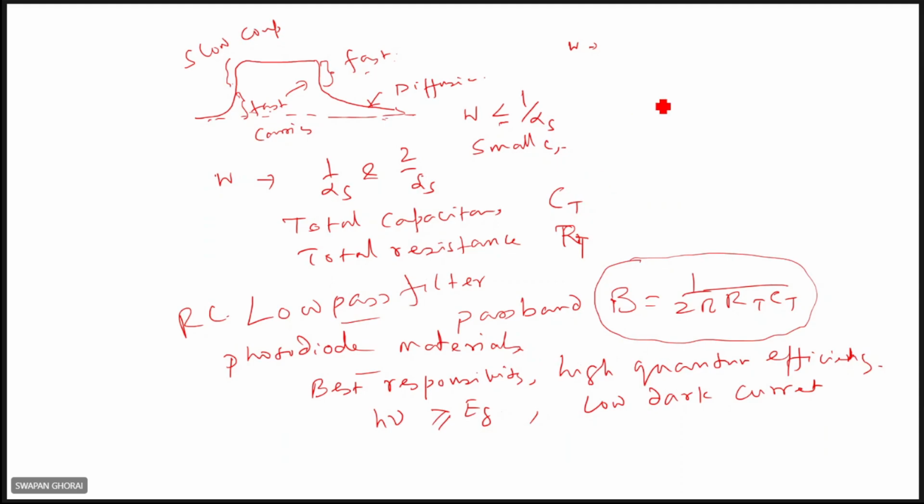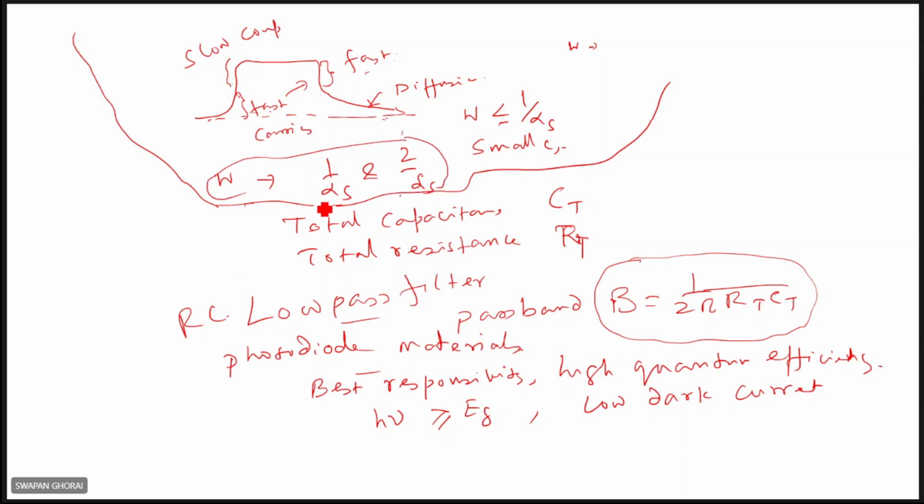In that case, the depletion layer width will generally be between 1 by alpha s and 2 by alpha s, right? That is generally considered to increase the response speed while keeping high quantum efficiency. So these are the conditions.